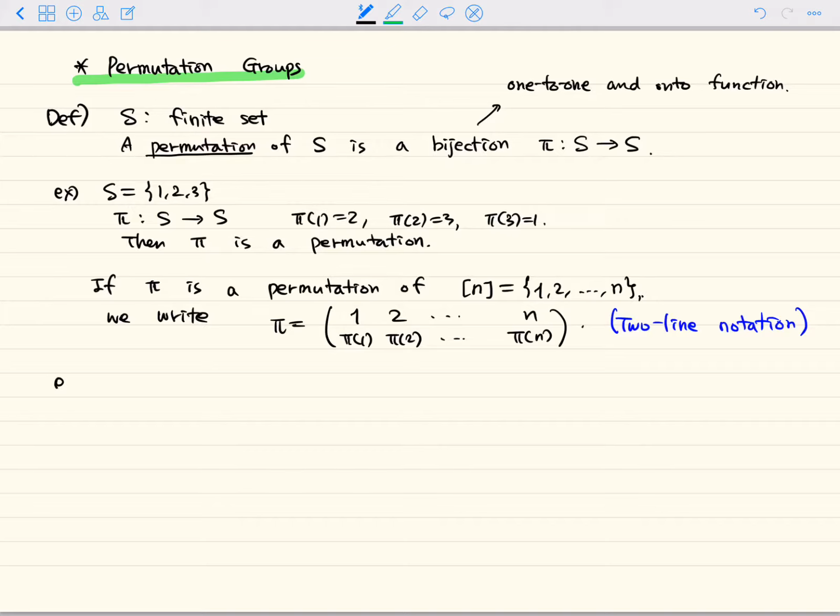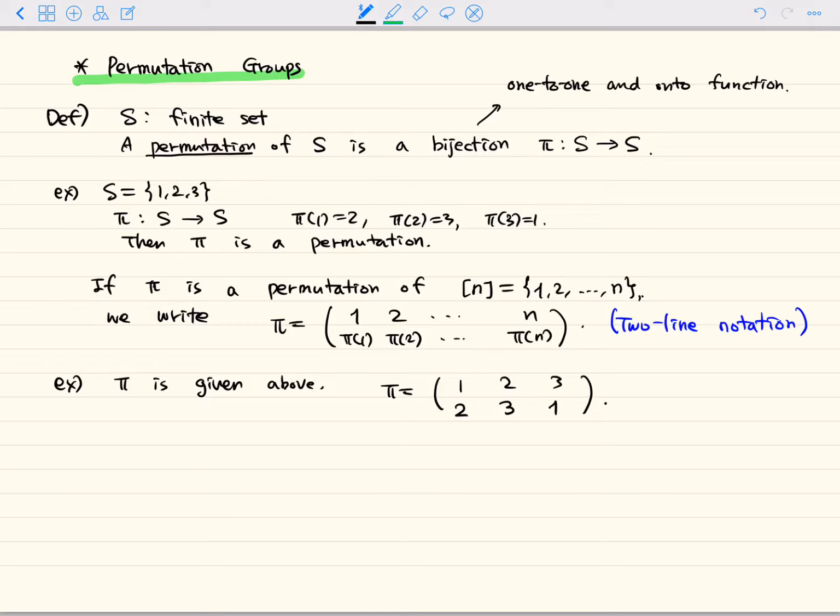So for instance, if pi is given above, then we can write pi in this two-line notation. So pi(1) equals 2, so we write 2 below 1, and pi(2) equals 3, so we write 3 below 2, pi(3) equals 1, so we write 1 below 3.